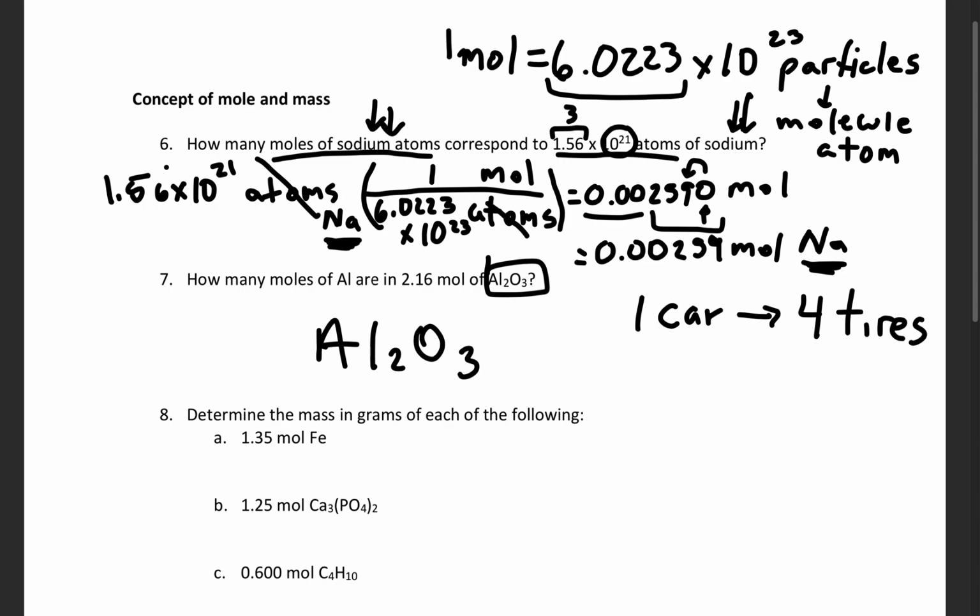So if I have 1 mole of cars, I have 4 moles of tires. Which means if I have 1 mole of aluminum oxide, I have 2 moles of aluminum. So now you need to convert that.